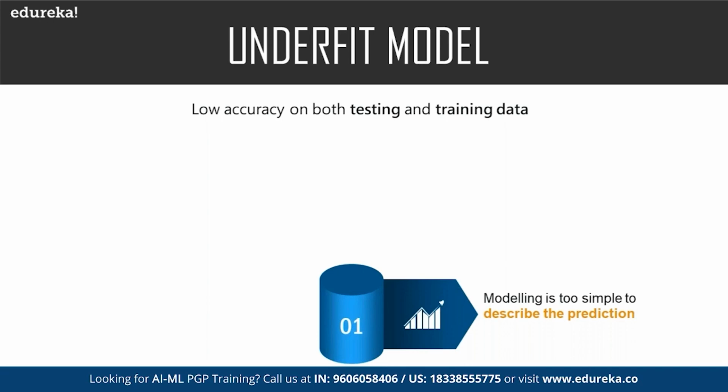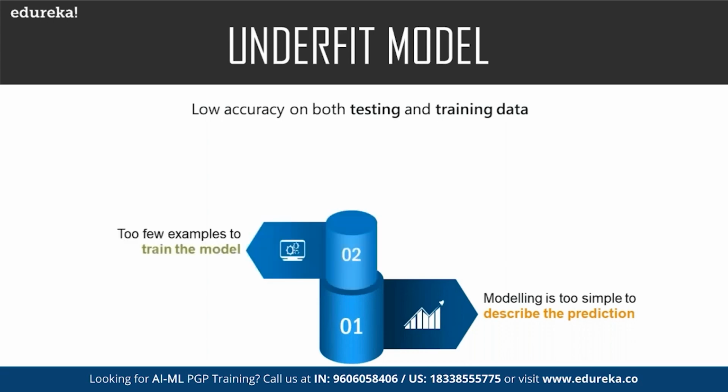Not just on the training data, but also on the testing data, we get lower accuracy, because we did not choose the right data set that needs to be used for evaluating the model. If you ask what data set we need to use for model evaluation, we'll see that in the following slides. So here again, there are too few examples to train the model, which means the examples are nothing but the samples, the data.